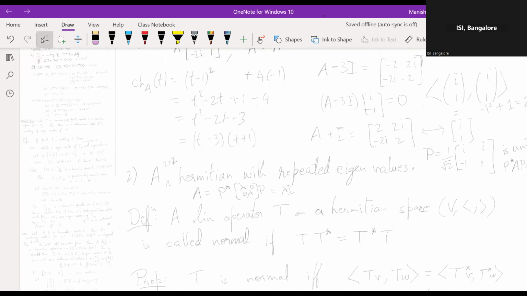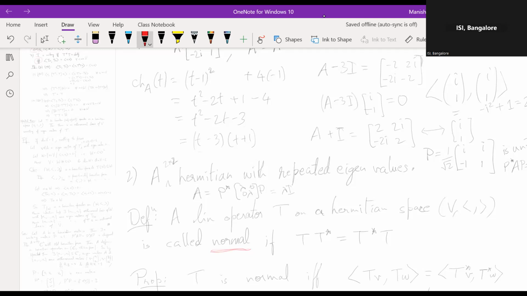A linear operator T on a Hermitian space is called normal if the adjoint of T commutes with T, that is, if T times T star is the same as T star times T.